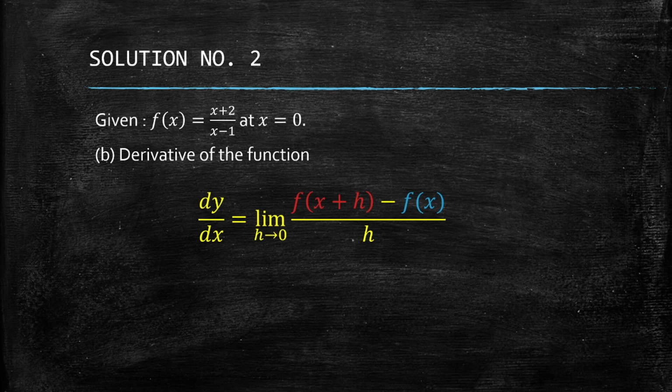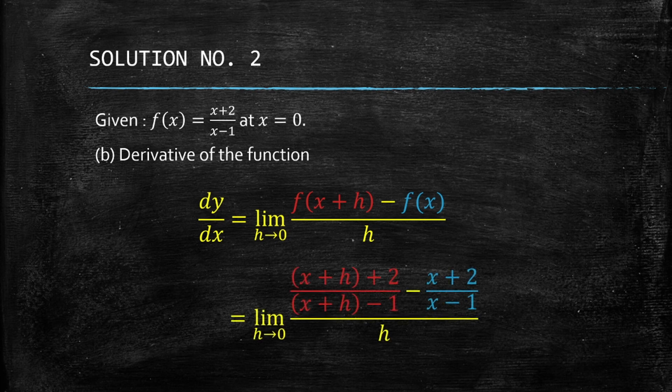So again, for the derivative of the function, we will use the definition: limit of f of x plus h minus f of x all over h as h approaches 0. And then we substitute the function. f of x is x plus 2 over x minus 1, which is this. And then we have the red function here representing the x plus h input.